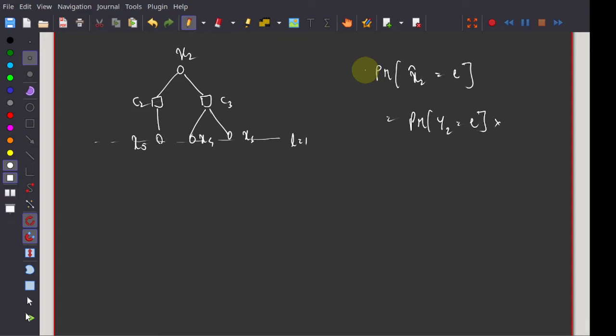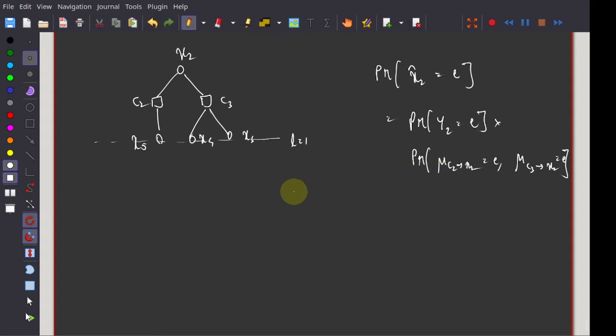That comes from the belief propagation algorithm. So this times the probability that the message from C2 to x2 is an erasure and the message from C3 to x2 is also an erasure.